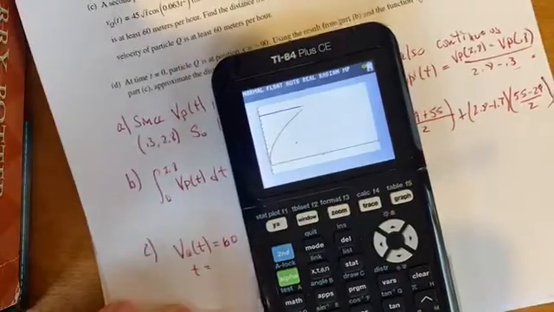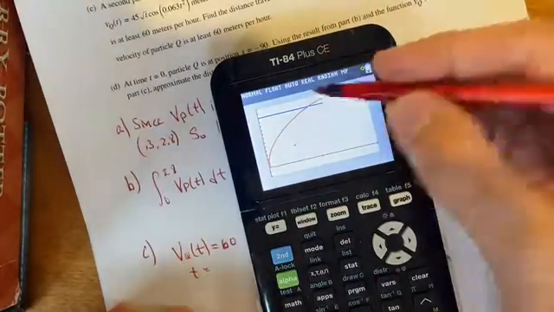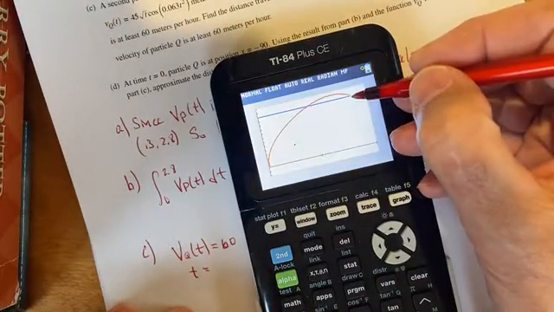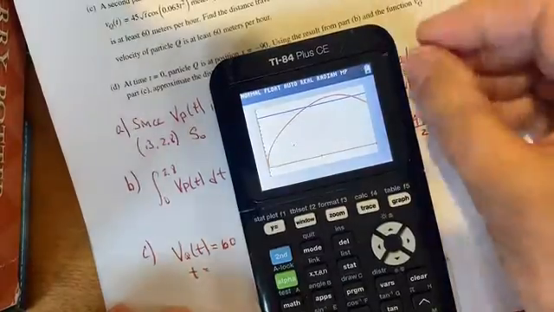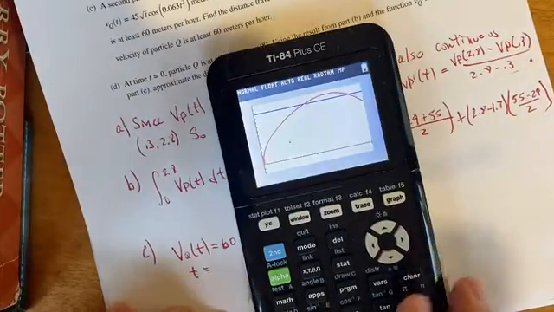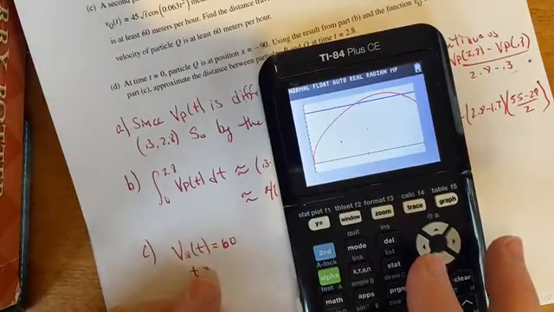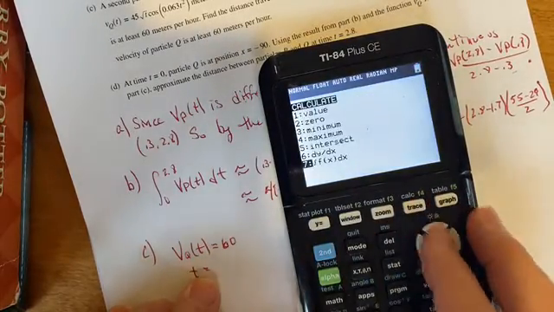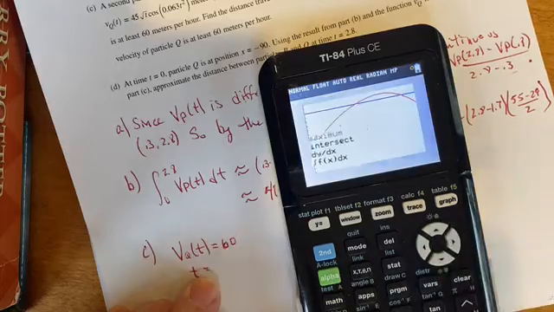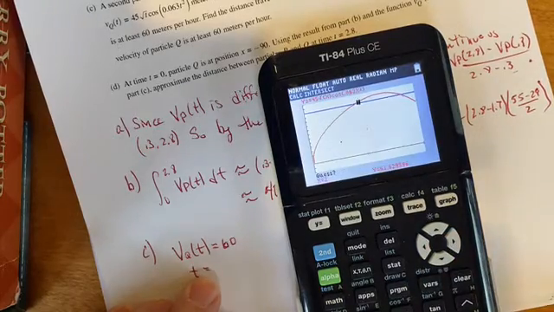And it looks like it is 60 here and there. Okay, so there are 2 times. Let's find those times. You already have the equation that I'm solving right here, so we're good. Intersection. Ooh, it's close.